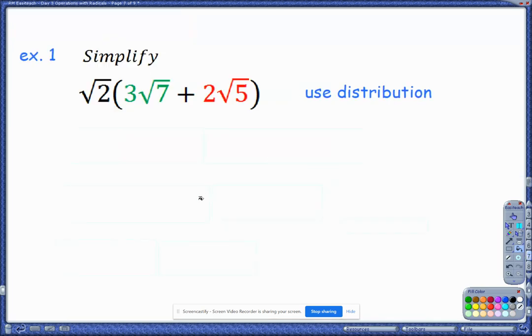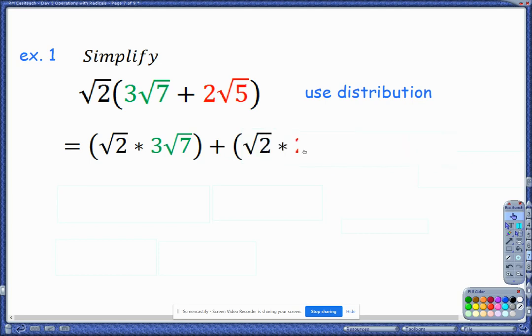So here we have radical 2 times 3 radical 7 plus 2 radical 5. Now I've used colors to help you understand, but basically this is just distribution. So the first term is going to be radical 2 times 3 radical 7, and the second term is going to be radical 2 times 2 radical 5.